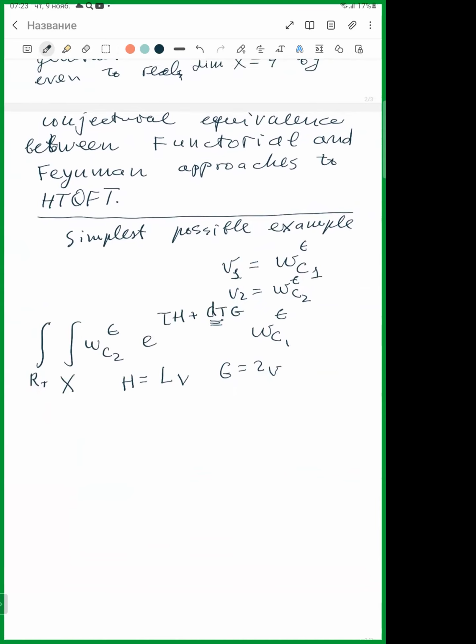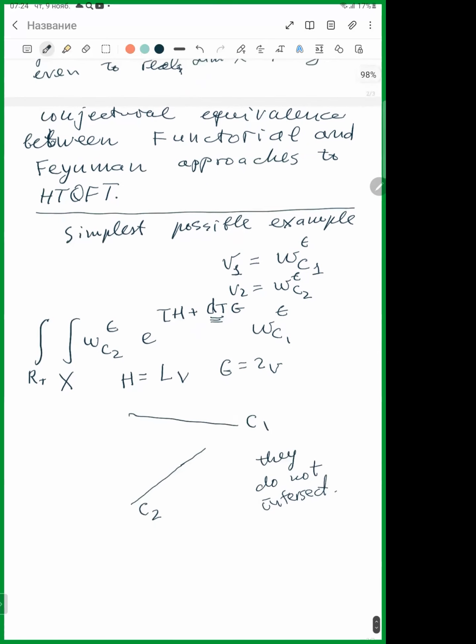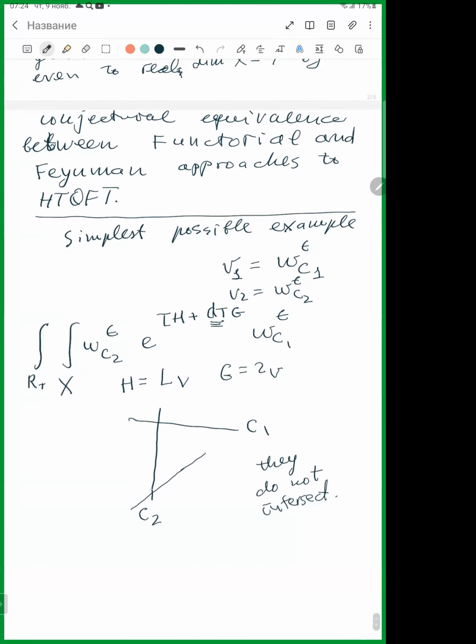What does it mean geometrically? I have cycle C1. I have cycle C2. They do not intersect. I am looking for trajectories of the vector field that are starting at C1 and ending on C2.